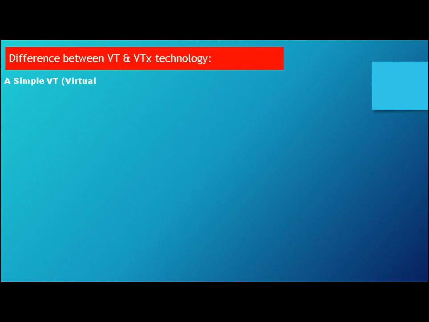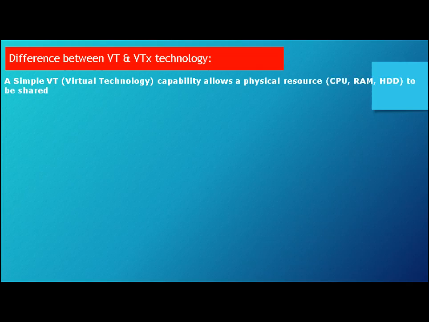A simple VT, that is virtualization technology capability, allows a physical resource like your CPU, RAM, or HDD to be shared among the multiple virtual machines working on layer 0 to layer 1. Layer 0 is your hardware layer and layer 1 is your OS layer or application layer.